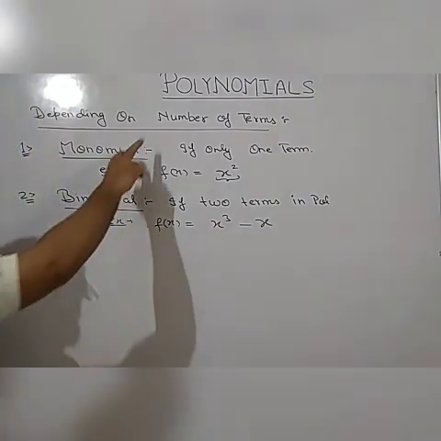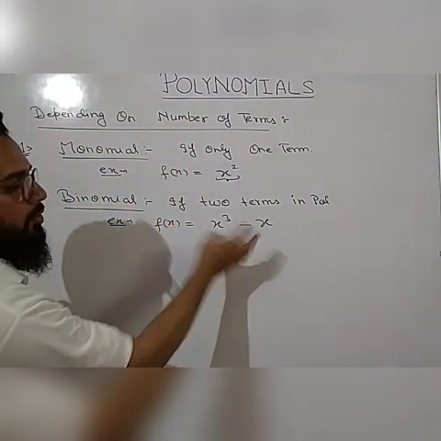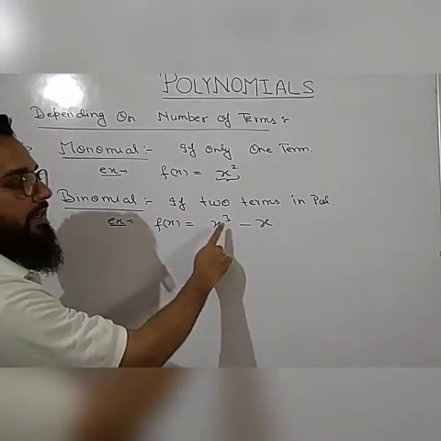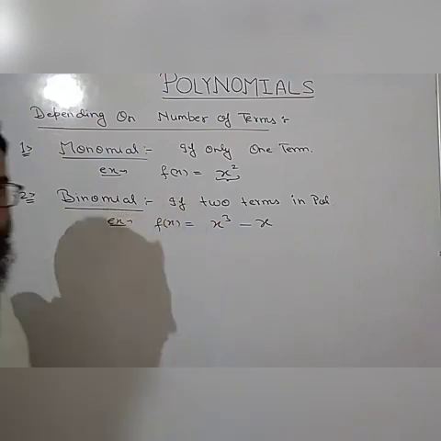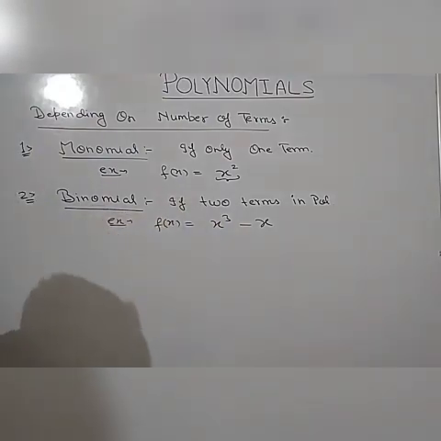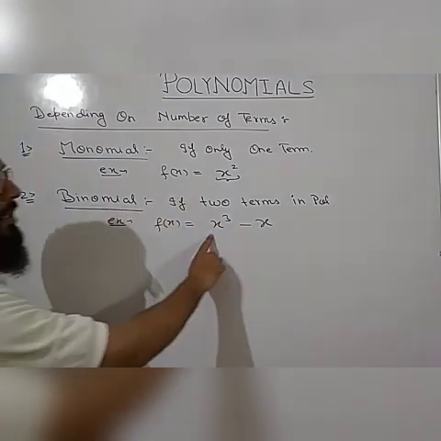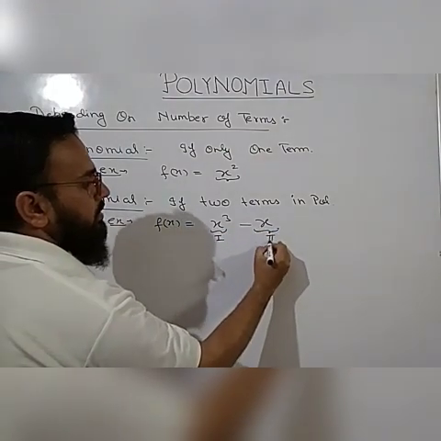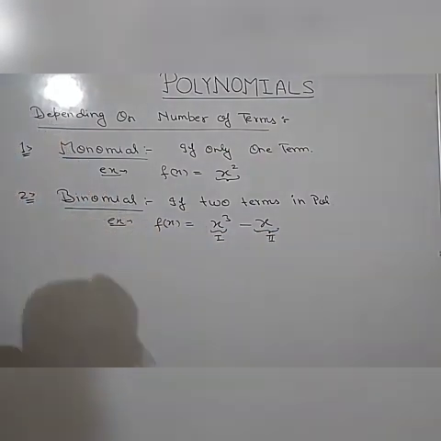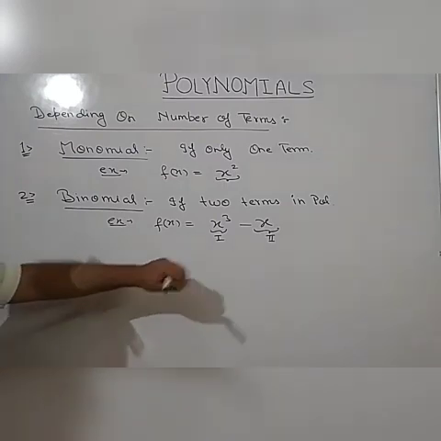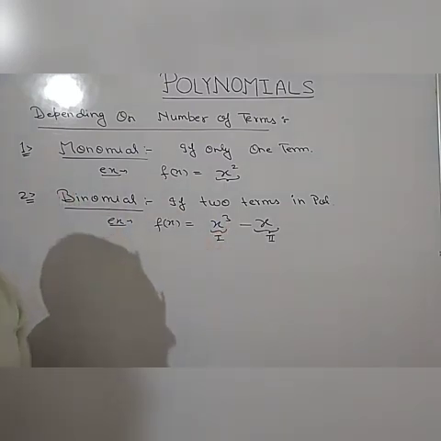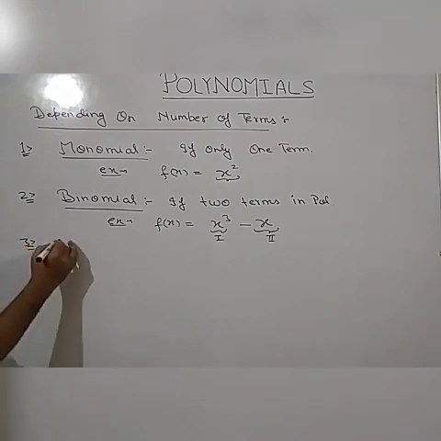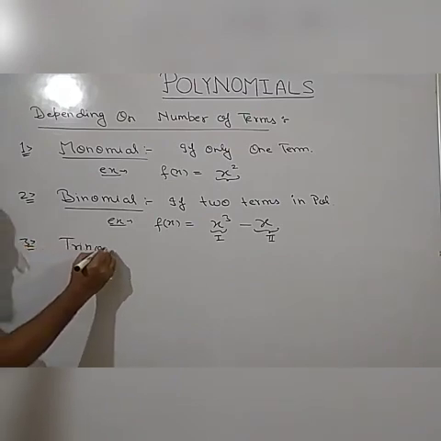So depending on the number of terms, it is a binomial, and depending on the degree, it is a cubic polynomial. So you have to remember both the things. There are two terms, first term and second term. Similarly, if there are three terms, it is known as trinomial.